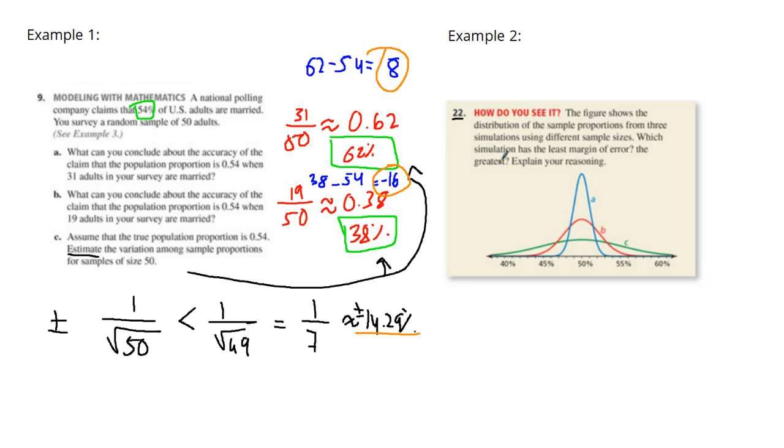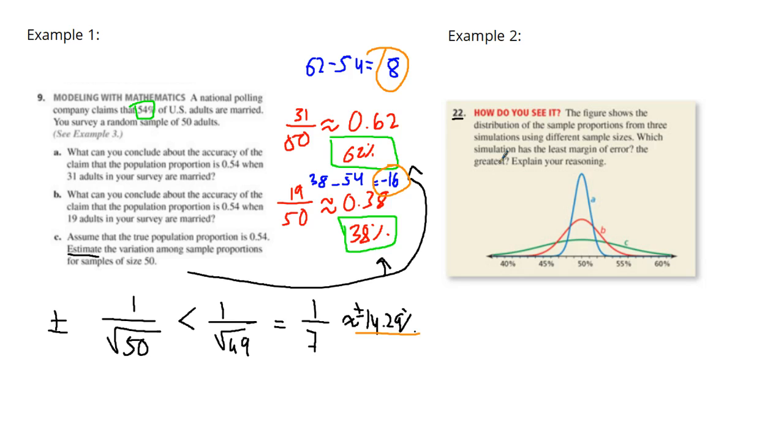These all look like regular bell curves. Margin of error actually has to do with standard deviation, right? The higher the standard deviation, the higher the margin of error. The lower the standard deviation, the lower the margin of error.